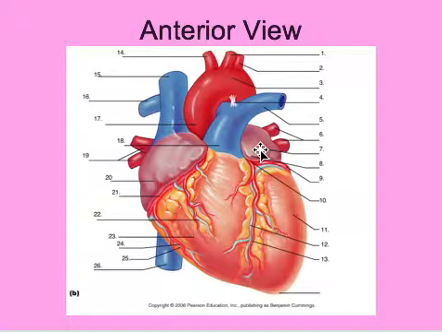Just remember, like a trivia point almost, that the pulmonary veins and arteries are the only ones where the veins carry oxygenated blood and the arteries carry deoxygenated blood. So just a little point of interest.